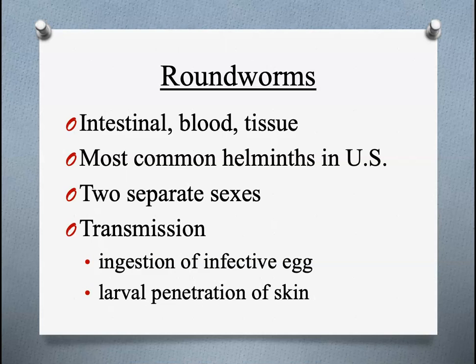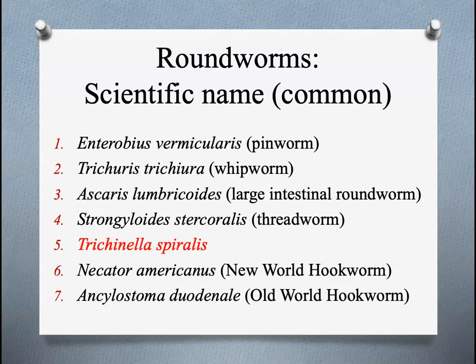The transmission is of several ways. With some parasites you ingest the infective egg, some have larval penetration of the skin, or you ingest larvae. So we'll talk about each one individually.